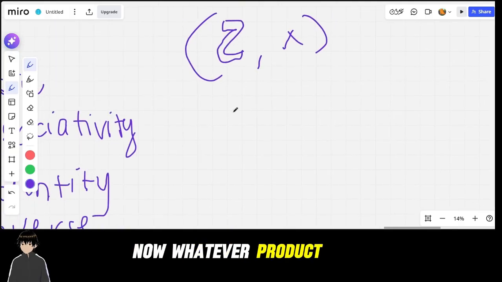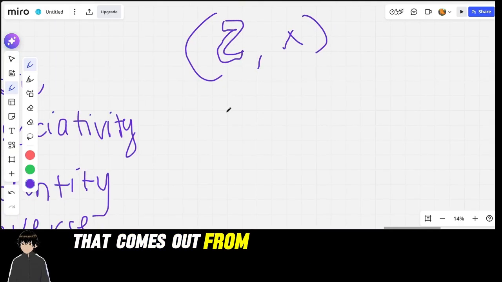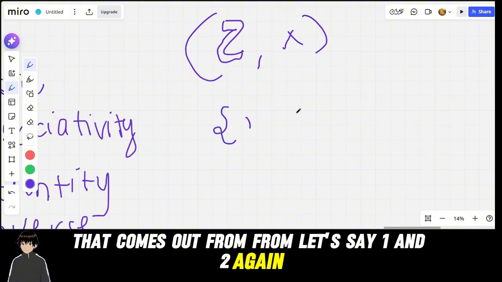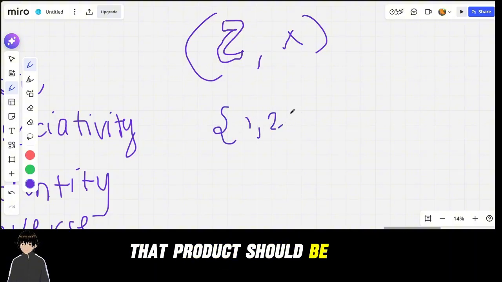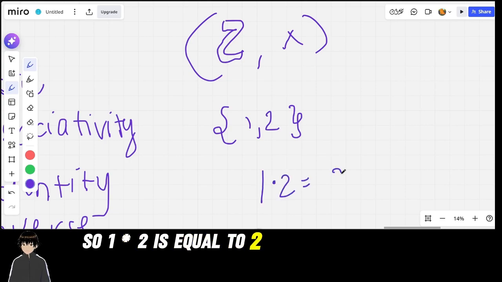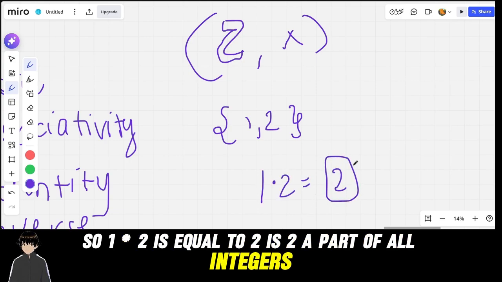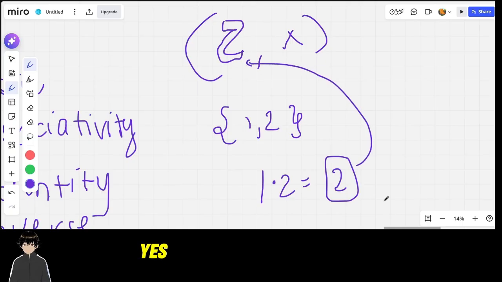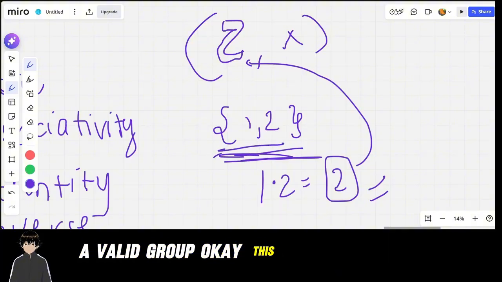Whatever product comes out from, let's say, 1 and 2 again, that product should be part of all integers. So 1 times 2 is equal to 2. Is 2 a part of all integers? Yes. And this is a valid set, a valid group.